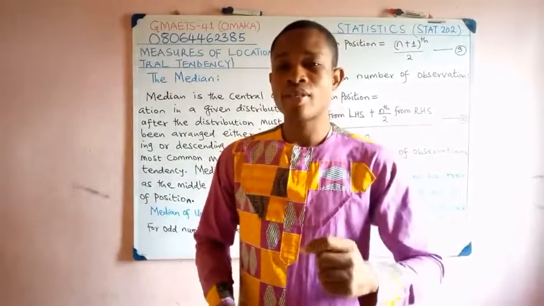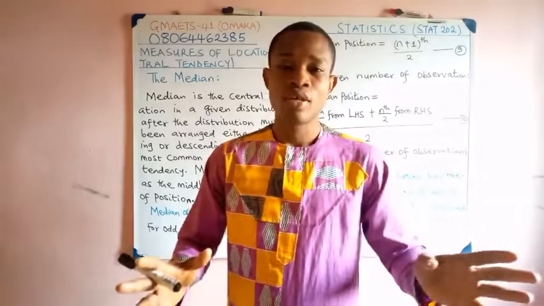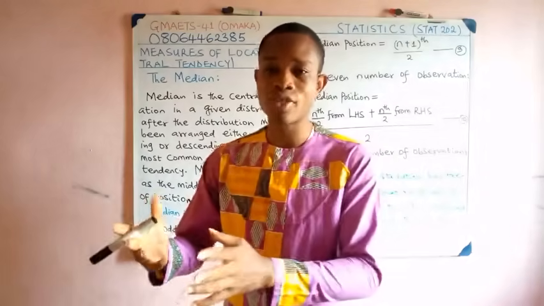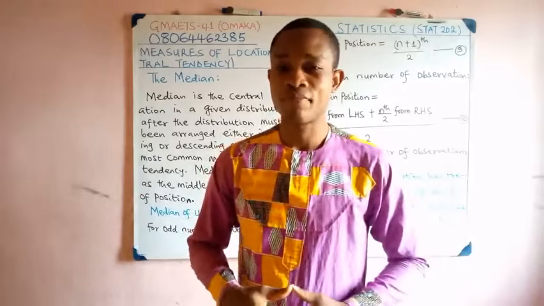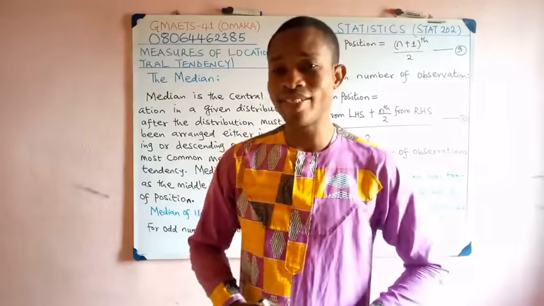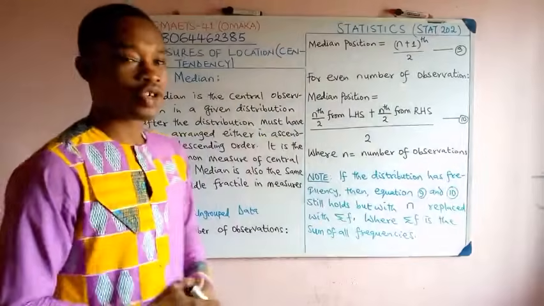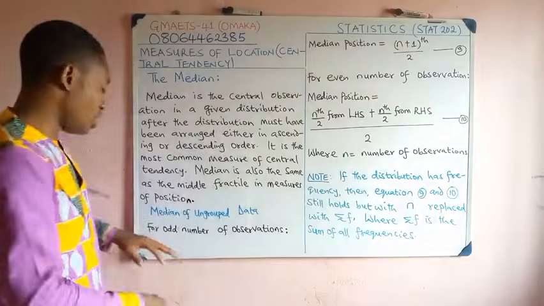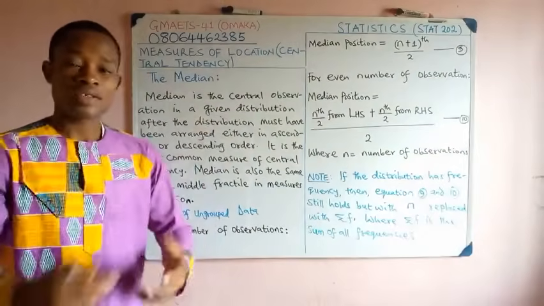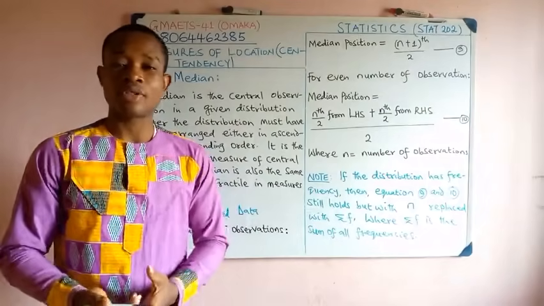Now, we want to look at how we can obtain the median of a distribution because it can be obtained both for ungrouped data and for grouped data. So first, we're starting with the median of ungrouped data. The median of ungrouped data can be obtained in a case where the given observation is odd number. That is, if you count the number of items you have there and it gives you odd number.